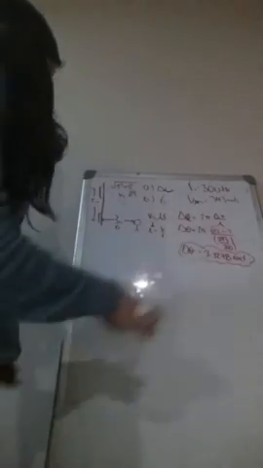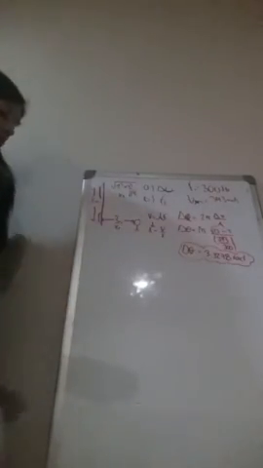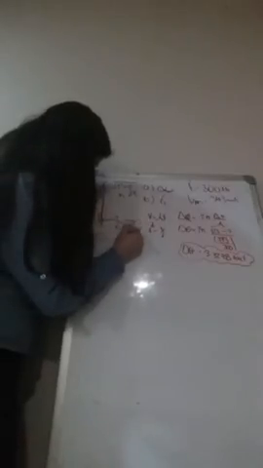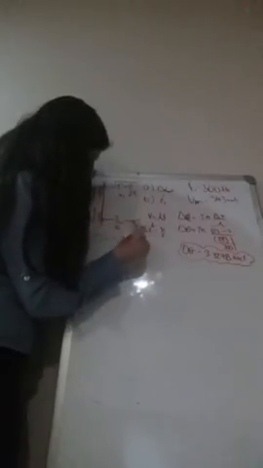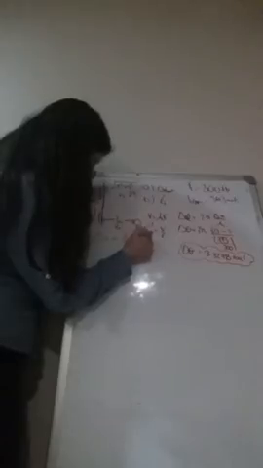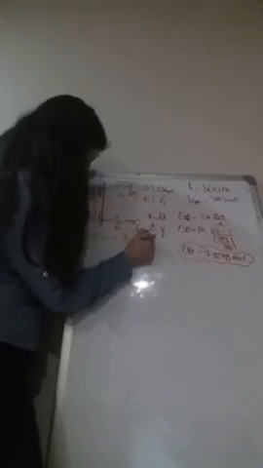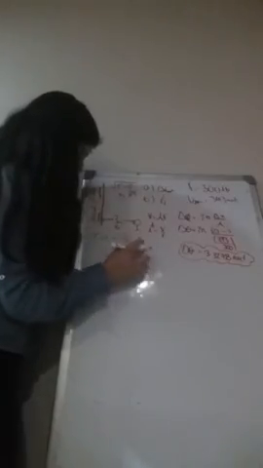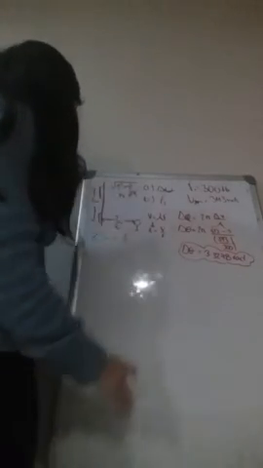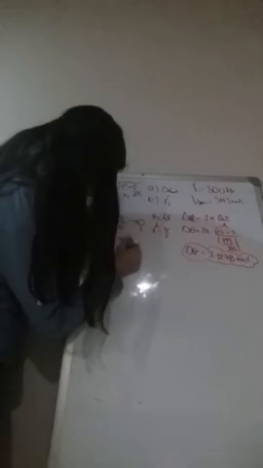And for that, we know that delta x equals lambda divided by 2. So we can know that 2 times delta x is going to be equal to lambda.